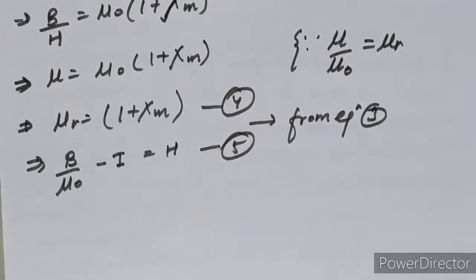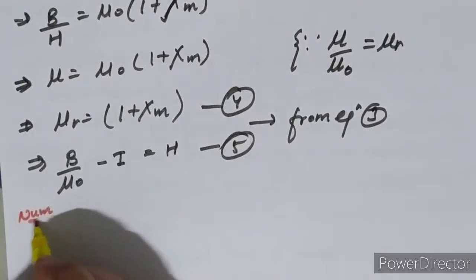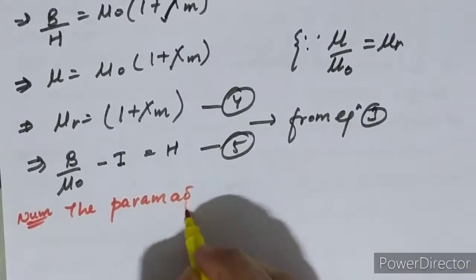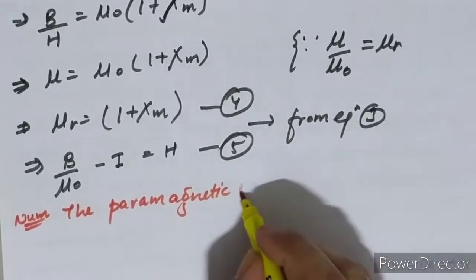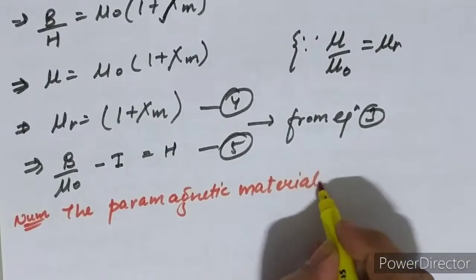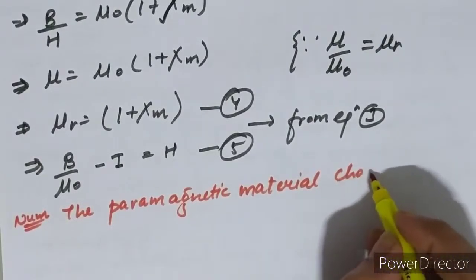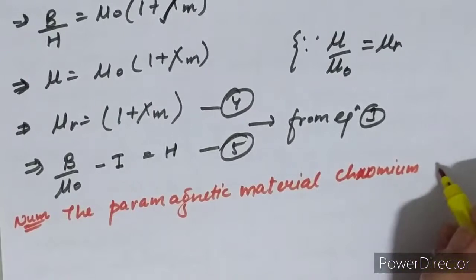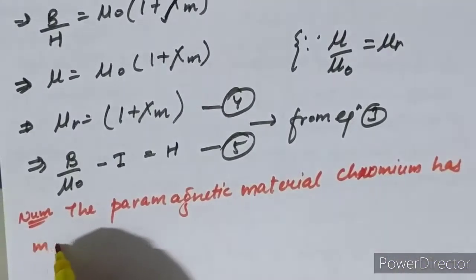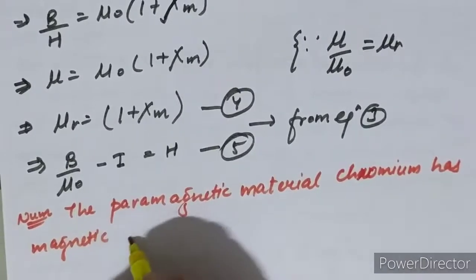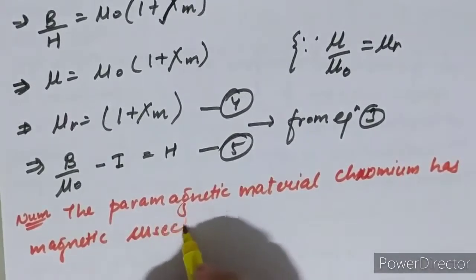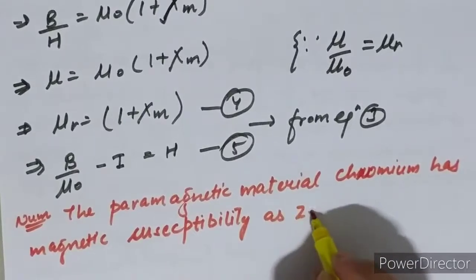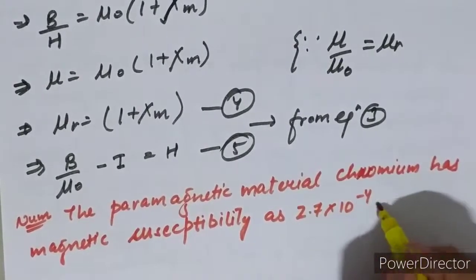Your first numerical: the paramagnetic material chromium has magnetic susceptibility 2.7 into 10 to the power minus 4.